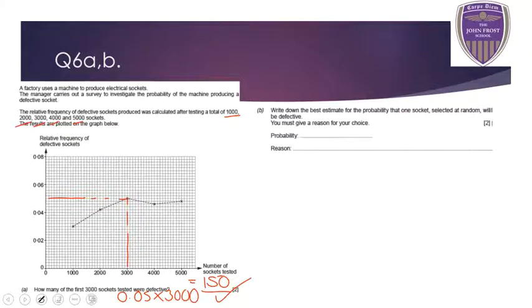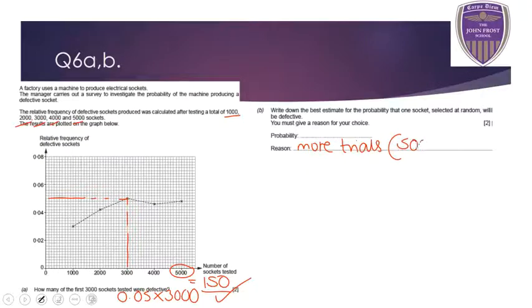Write down the best estimate for the probability that one socket selected at random will be defective. You must give a reason. When you're looking at a relative frequency graph, you need the most number of trials for reliability. So it's definitely because there are more trials.